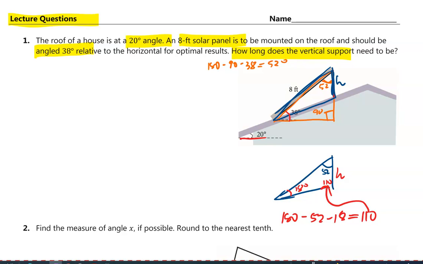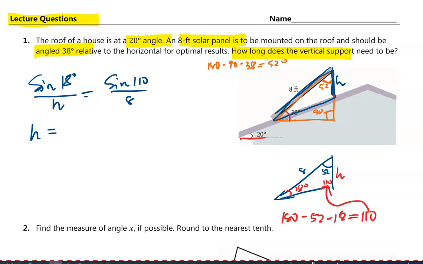So now we can solve for the height using the law of sines. So sine 18 degrees over the height is equal to sine of 110 degrees over 8, because we know that this is 8 feet.